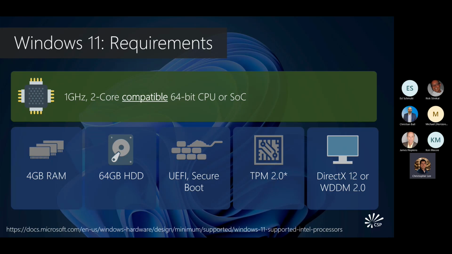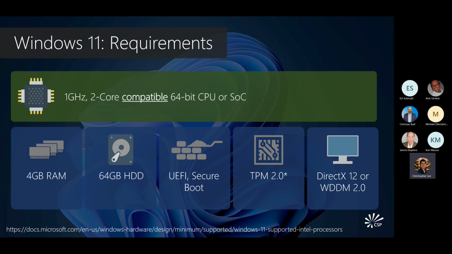And that really means any hardware that's about 4 or 5 years old is probably not going to be supported for Windows 11. My laptop I'm using today is 5 years old, so it doesn't meet those requirements. It's got a 6th gen Intel Core processor, and it will not let me update through the normal channels.